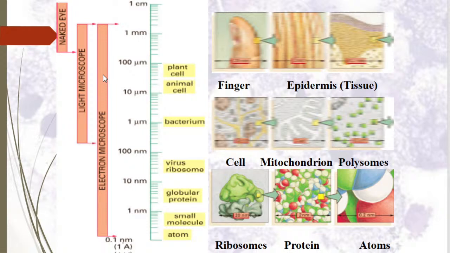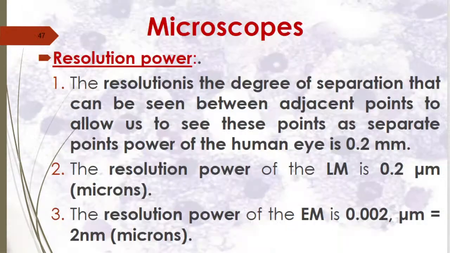The electron microscope can show us not only animal or plant cells, but also bacteria, viruses and ribosomes. In this case, it shows magnification and resolution at 100 nanometers, 10 nanometers, and more than 1 nanometer, in angstroms. In this case, we are talking about the molecular and atomic level.